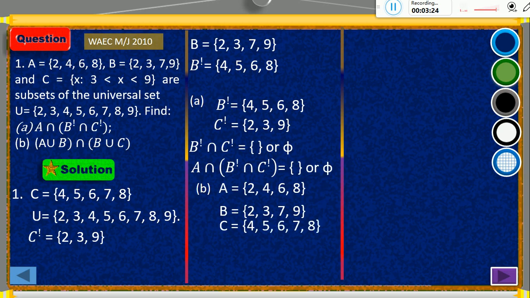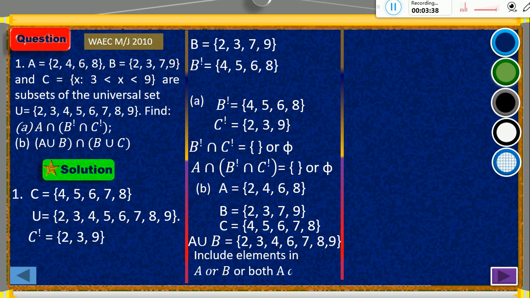For B, these are the elements of A, B, and C. So A union B will give us those elements in A or B, or both A and B. So these are the elements 2, 3, 4, 6, 7, 8, 9.